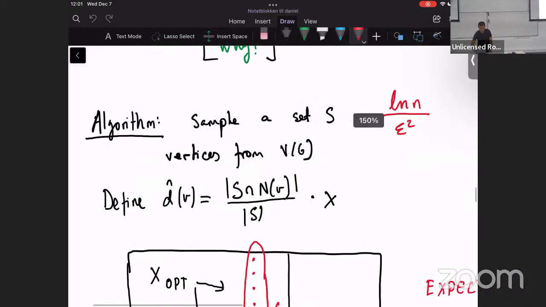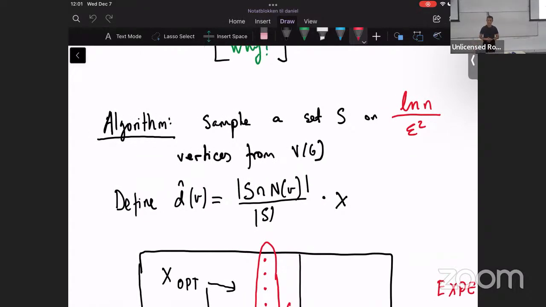Okay, so let's start. What does the algorithm do? It samples a set S of log n over epsilon squared many vertices from V, and it defines d hat of v to be the size of S intersect N of v, divided by the size of S, times x. Some crazy number.